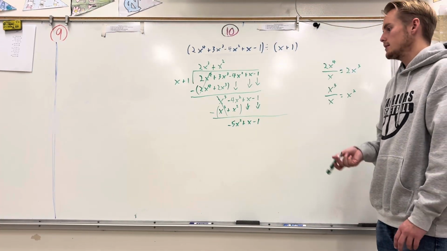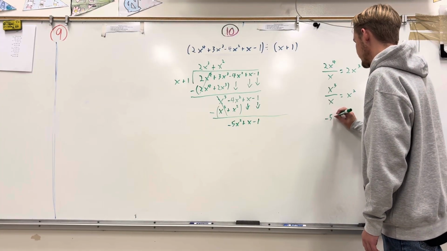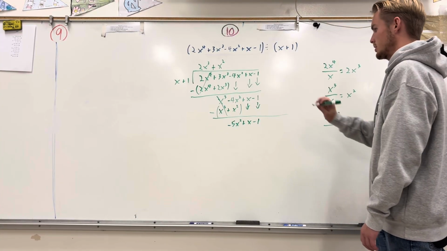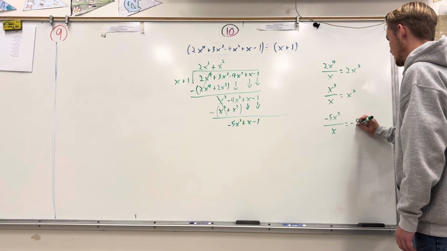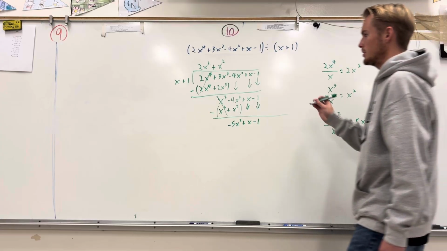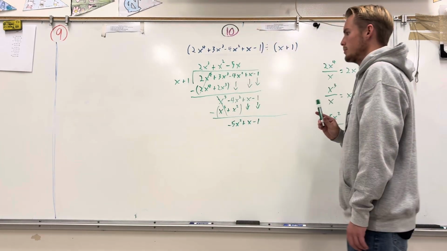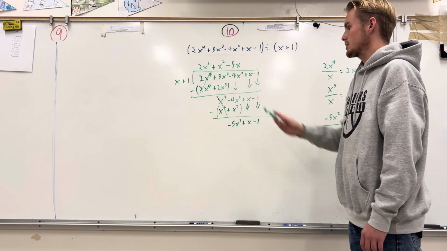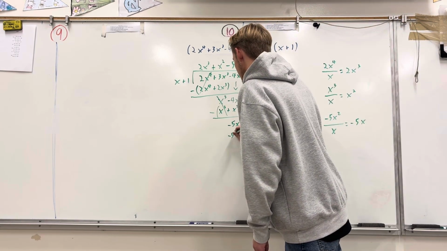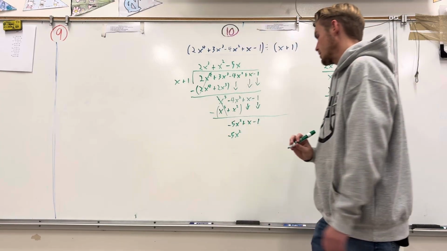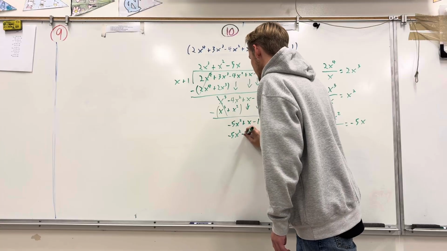We're going to do it again. So now we're doing negative 5x squared over x, and we get that just equals negative 5x, and so now we put a negative 5x up here, and we multiply once again, negative 5x times x, and we get negative 5x squared, negative 5x times 1, we get negative 5x.